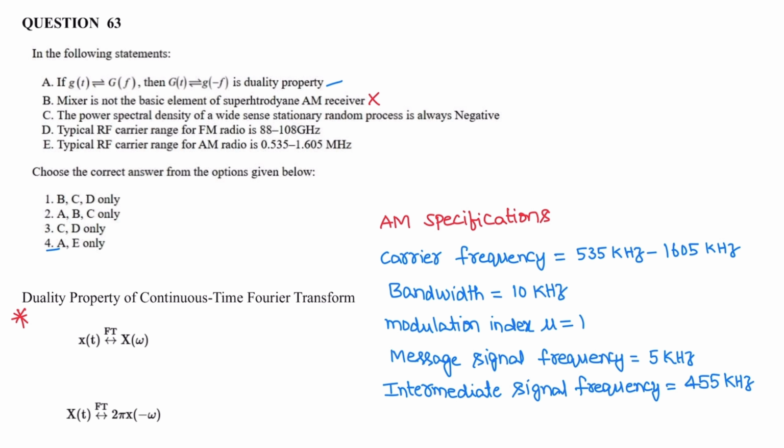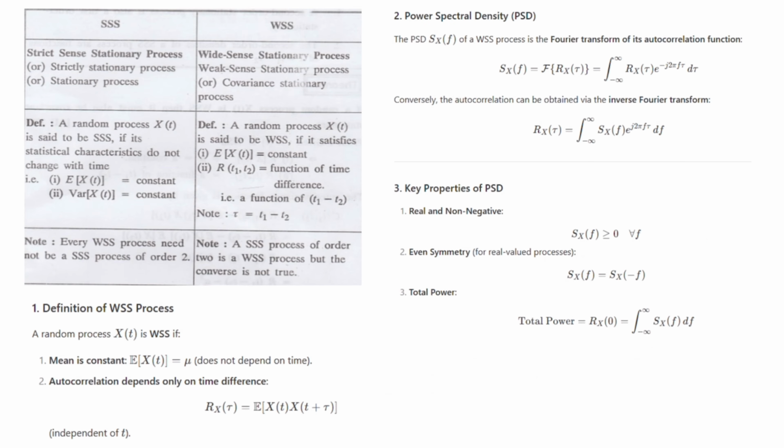Statement C. The power spectral density of a wide sense stationary random process is always negative. Let us see the definition of a wide sense stationary process. A random process x of t is said to be wide sense stationary if the mean is constant and Rx of t1, t2 is a function of the time difference.